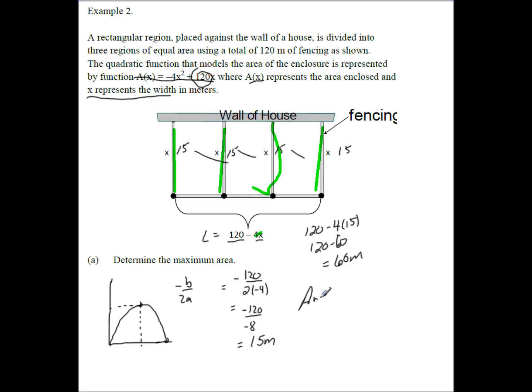Then the area is 15 times 60, and that will be 900 square meters. So when the width is 15, the area works out to be 900 square meters.